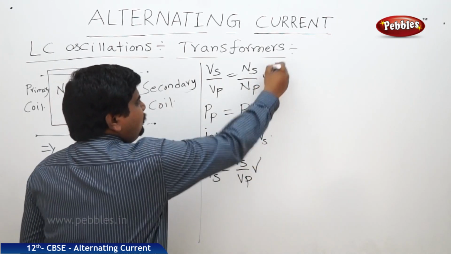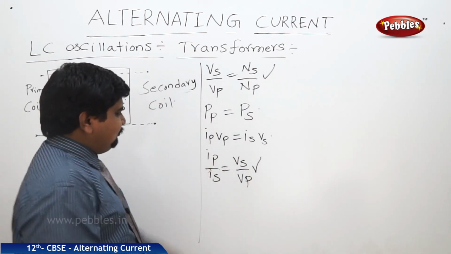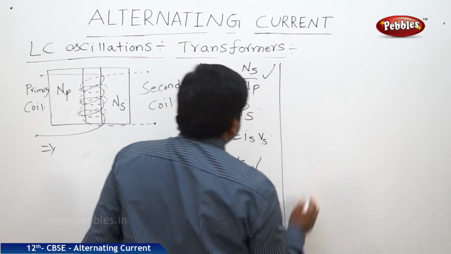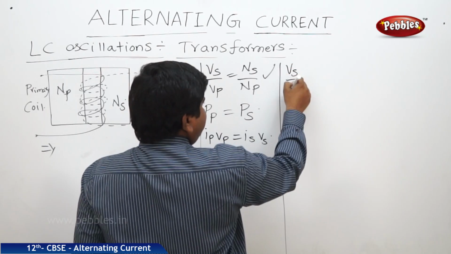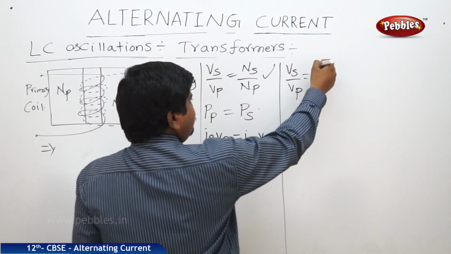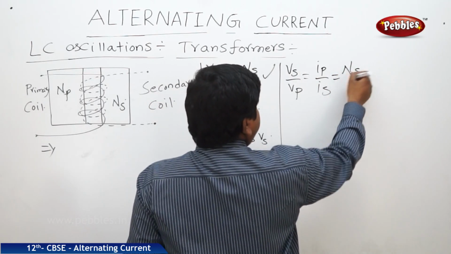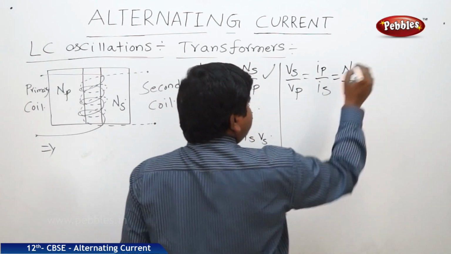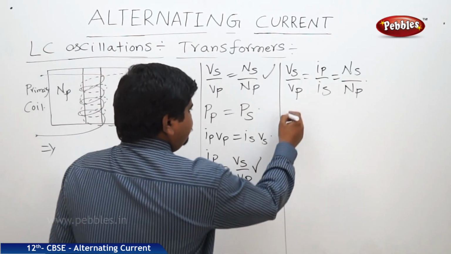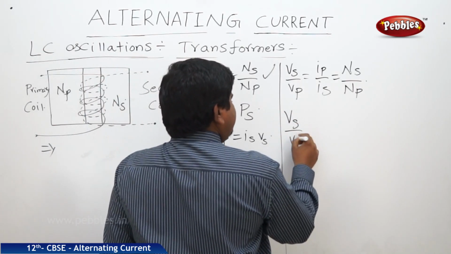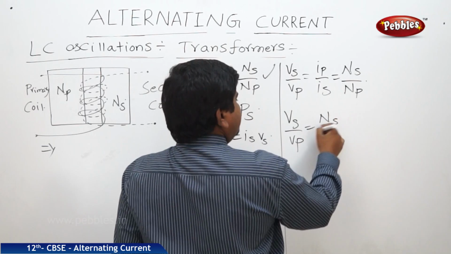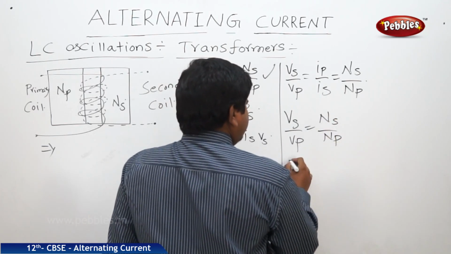Already Vs by Vp we got as Ns by Np. Therefore, we can extend the relation like this. Vs by Vp is equal to Ip by Is is equal to Ns by Np.